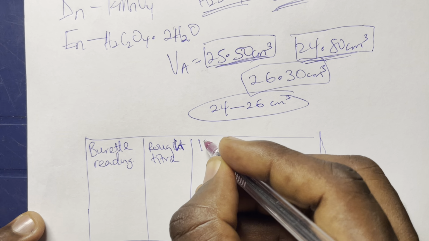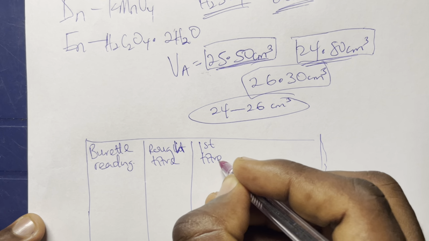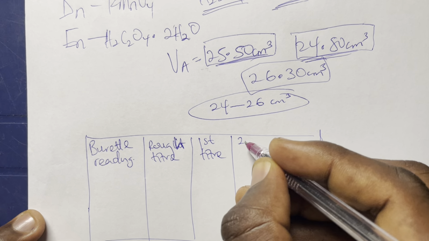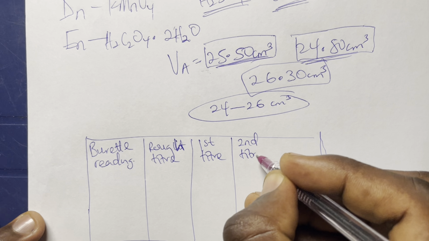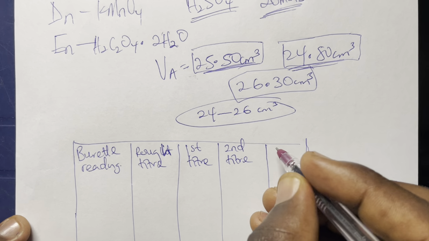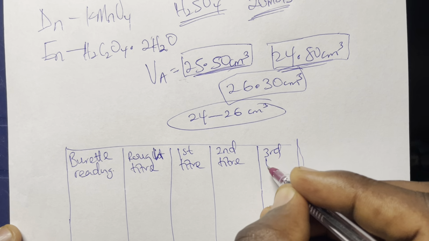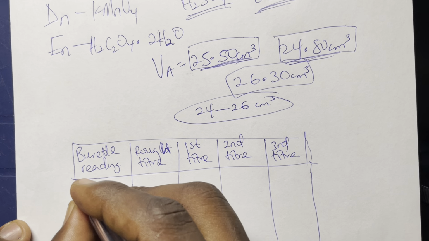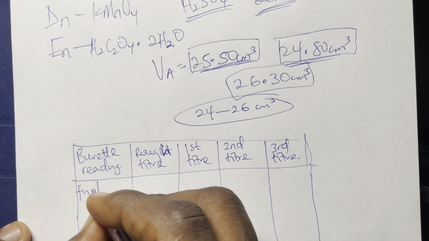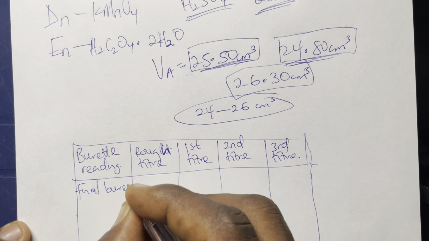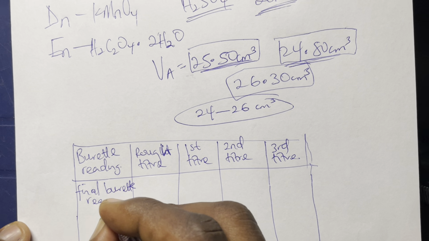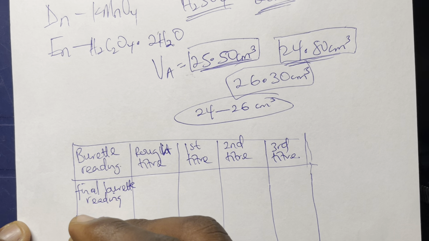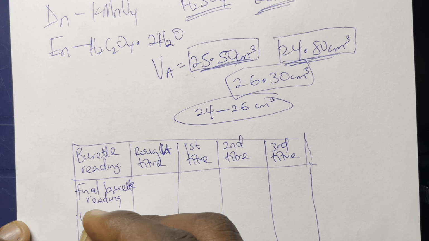This one will be your first titre, then we have the second titre, then we have the third titre. This is the final burette reading. This is the initial burette reading.